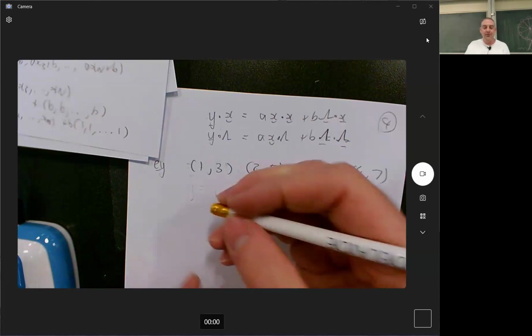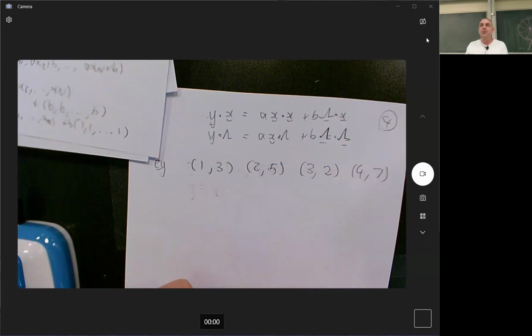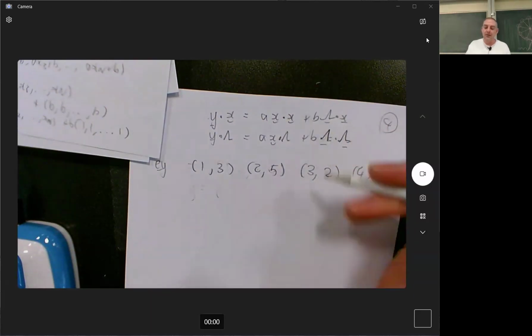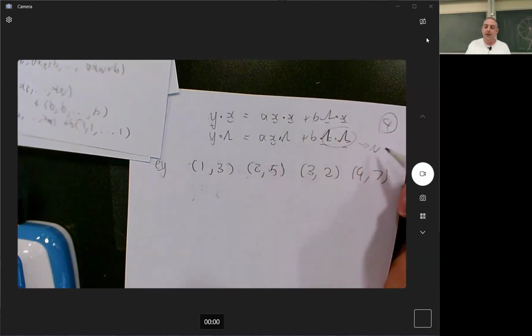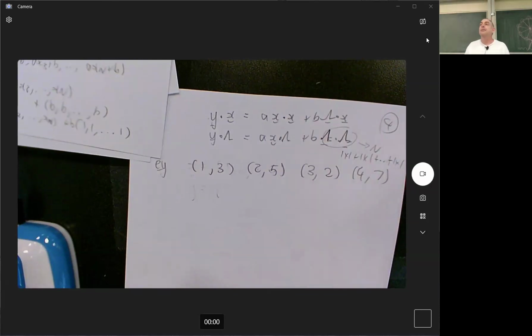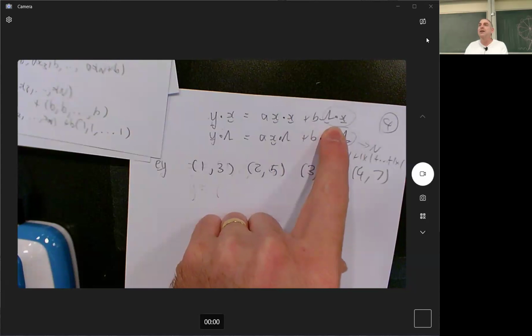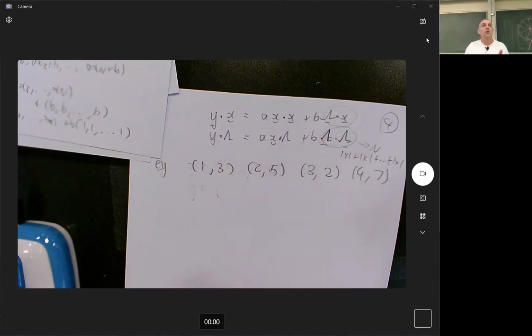We do know what lambda dot lambda is, because lambda is all ones. And if you have all ones dot all ones, you just get 1 times 1 plus 1 times 1 plus 1 times 1 plus 1 times 1. So you get how many ones there are, which is n. And so this number here ends up being the number n. And in fact, this one ends up being the sum of the values of x, because you have x1 times 1 plus x2 times 1 plus x3 times 1 plus x4 times 1.